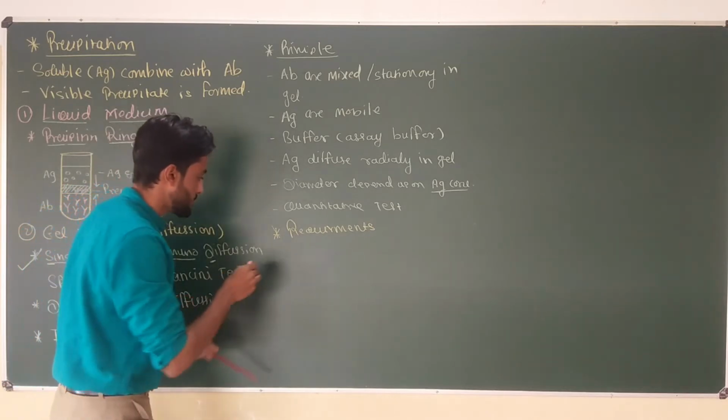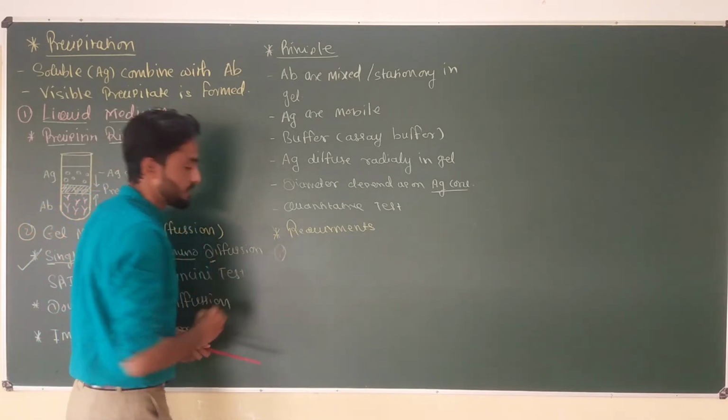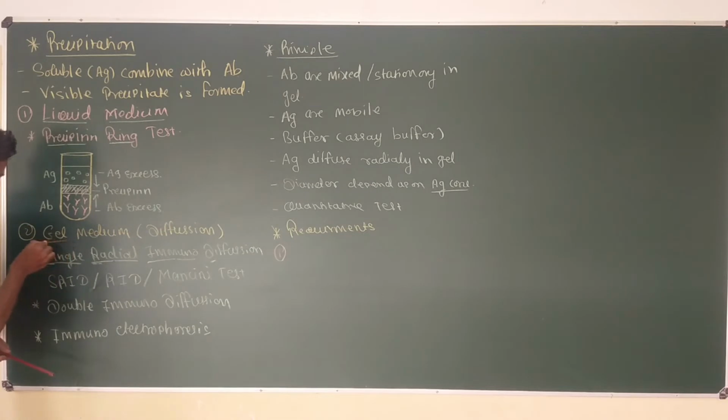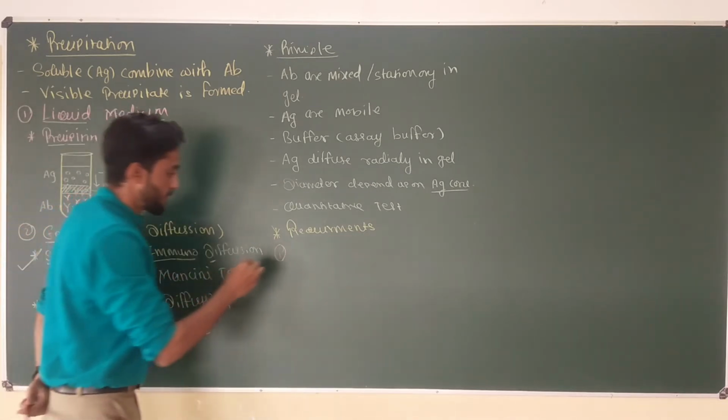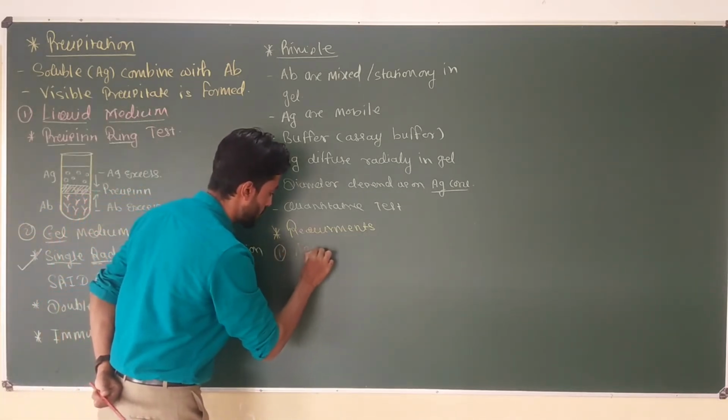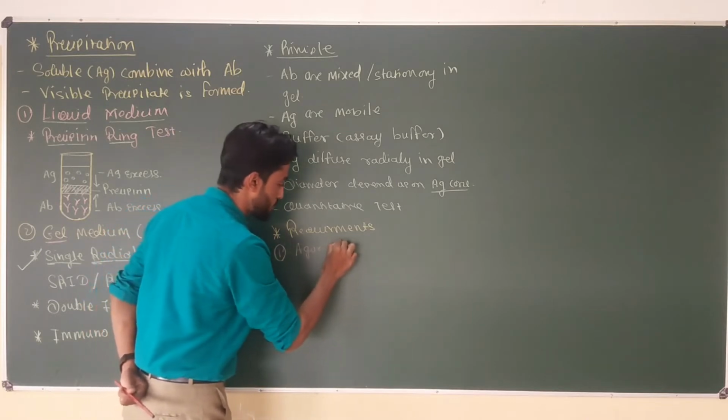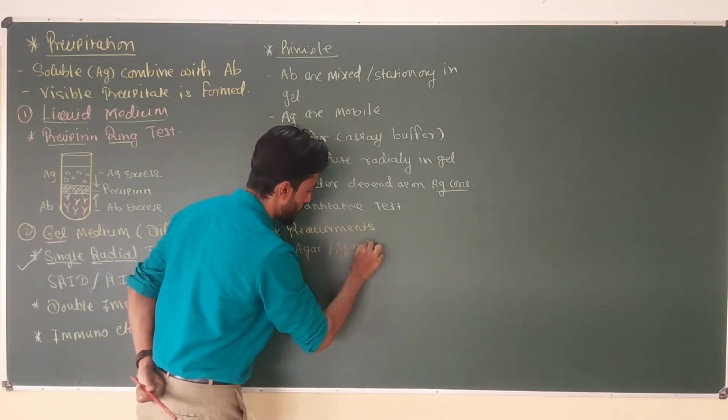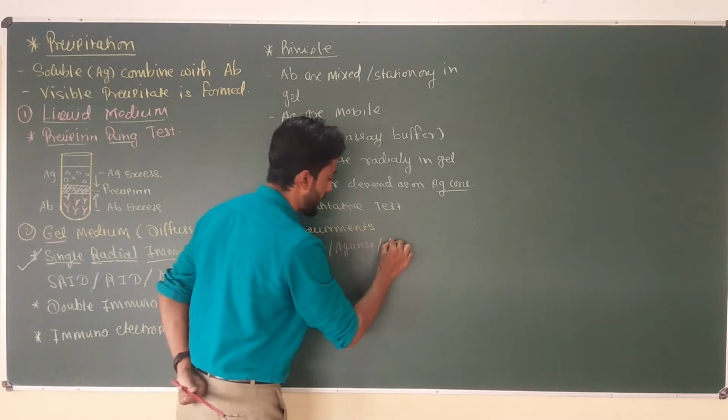So I'm going to discuss now various requirements that one should need for performing single radial immunodiffusion test in the lab. So the first thing that you need is gel. For making gel, you need either agar powder, agarose, or polyacrylamide.